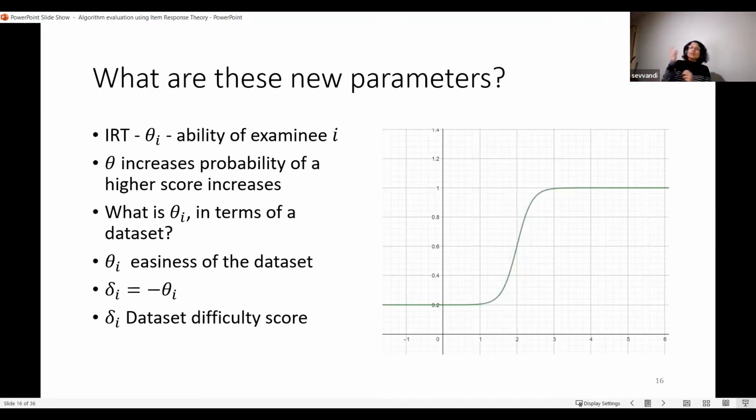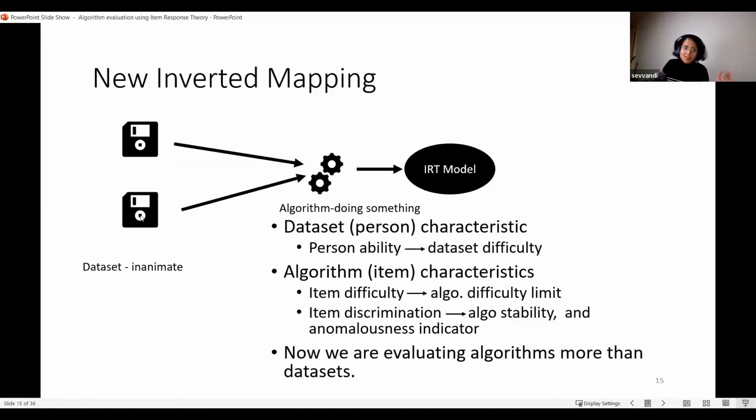And so if you look at this, what are these new parameters, right? In the standard IRT, theta i is the ability of examinee i. So when theta increases, the probability of success or higher scores increases. So in our case, remember in the previous one, instead of a person, we have a data set.